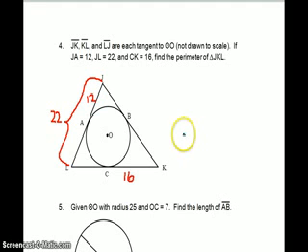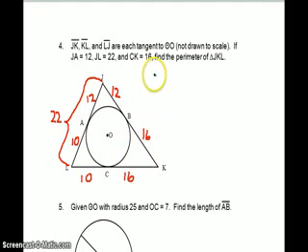So perimeter, we're looking for the distance around. First of all, we've got 12 here, so we can put 12 here. We've got 16 down here, so this means this is 16 over here. Well, we've got 22 for the whole distance, and this is 12, so this will be 10, and this will be 10. I just need to add them up.